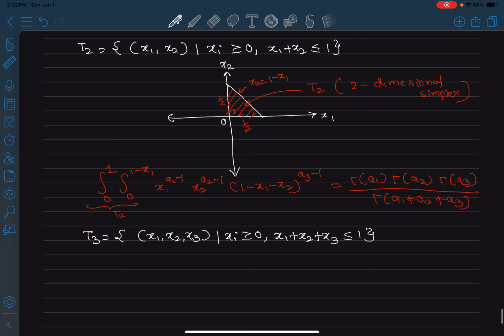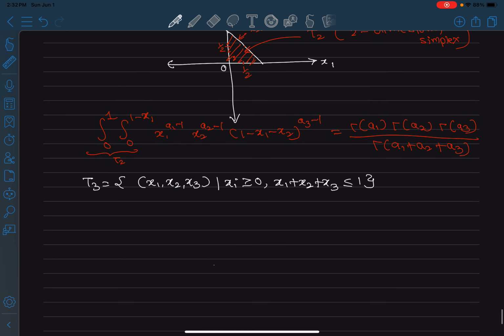Now we need to have three dimensions, so it will basically be like this. This is the x1 axis, this is the x2 axis, and then this is the x3 axis, right? We know that all of x1, x2, x3 should be positive, and also that x1 plus x2 plus x3 should be less than or equal to 1. For the boundary, we already know these should be positive.